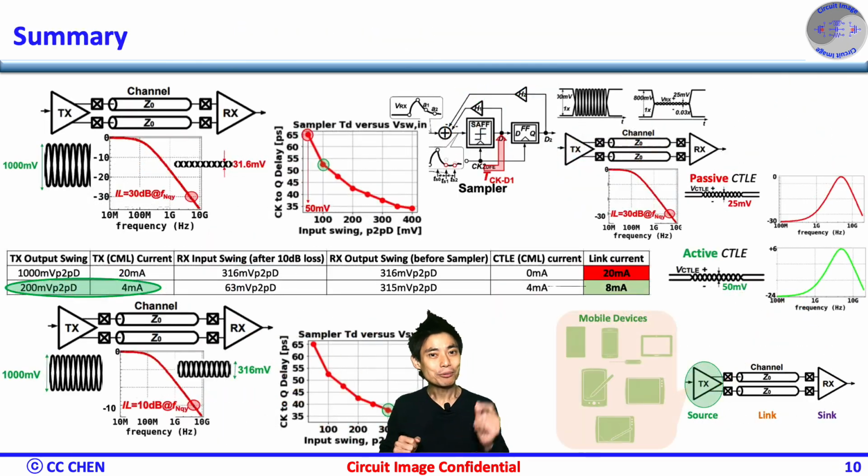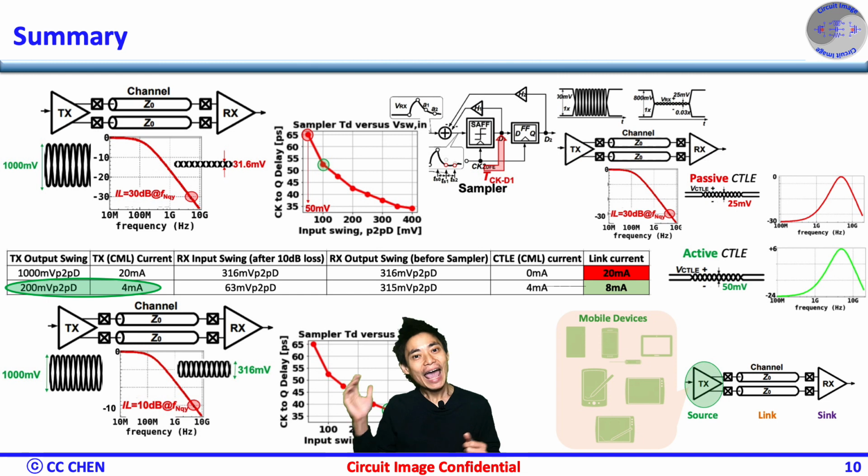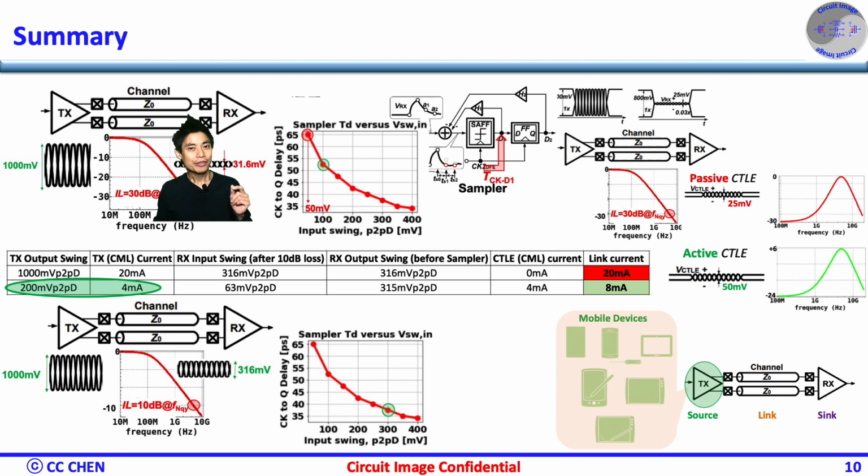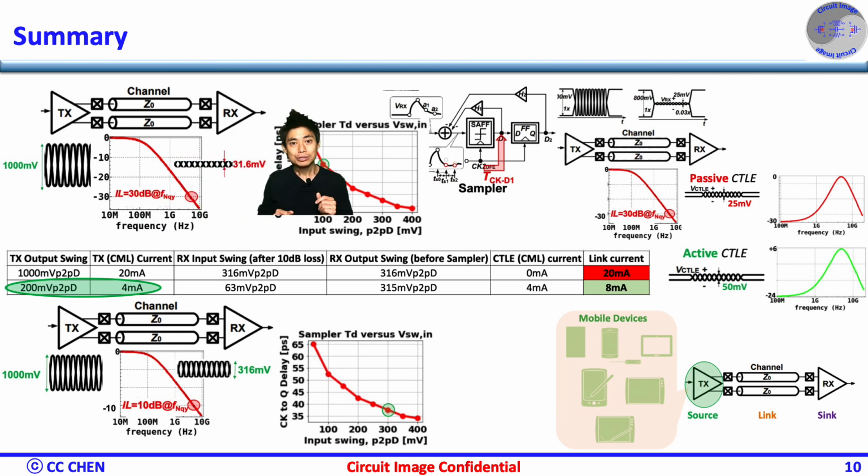Here is the summarized image of why we need an active CTLE in high-speed SerDes. For high channel loss like 30 dB at the Nyquist rate, the input swing of the CTLE could be only 30 mV, even though the TX output swing is 1000 mV.